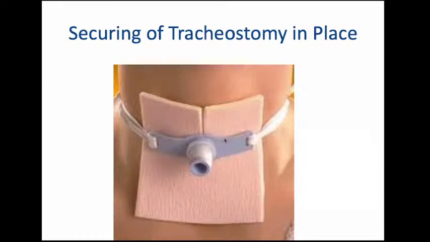We stitch this to the skin and stitch that to the skin. And our first ties are at the side here. These straps, we tie them on the side. We don't tie them at the back when we have just done a tracheostomy. Much later, you can tie them at the back.